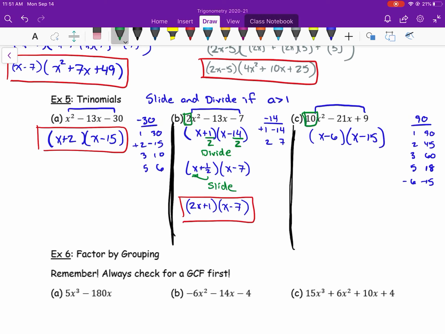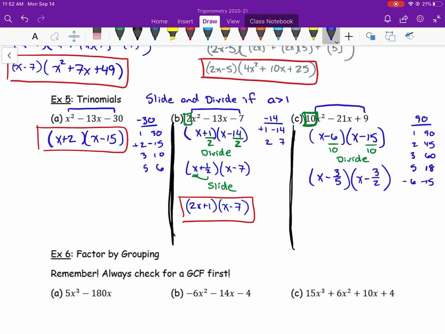Again, a is greater than 1, so I have to divide here. So divide by 10. Alright, this is the divide part of the slide and divide. So I'm going to simplify the fractions. So I get 2 goes into 6 and 10, so that makes 3 over 5. And then 15 and 10, 5 goes into both of them, so that's 3 and 2.